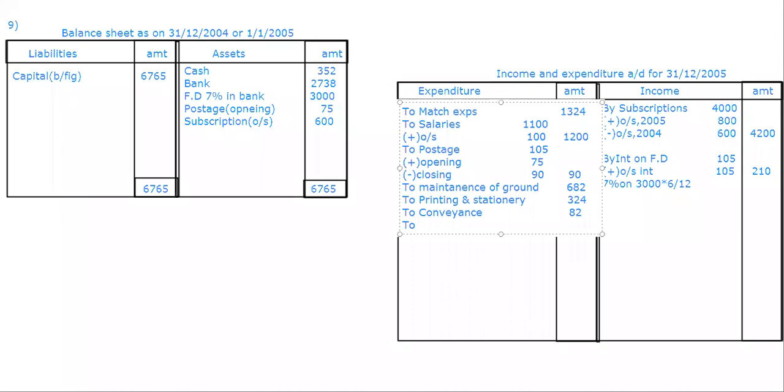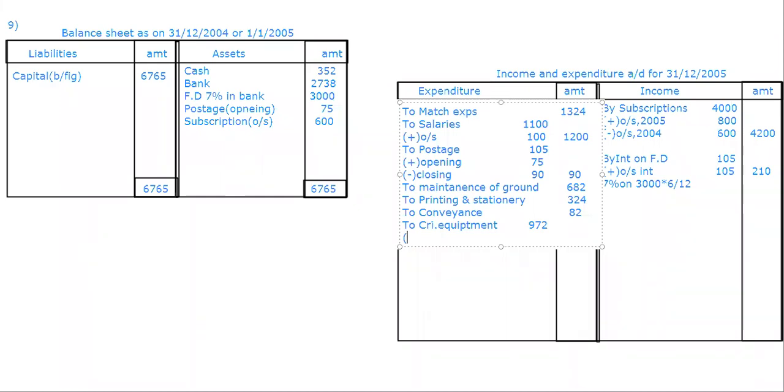Then purchase of cricket equipment. How much did he give? Usually equipment comes into the asset side. But here he said closing should be 321. In the adjustment, just see, the store sports equipment as on 31st December 2005 is 321.